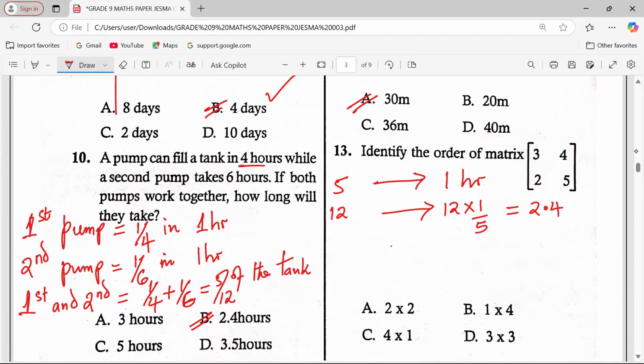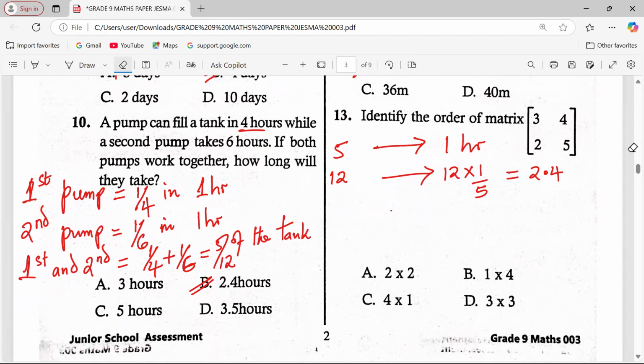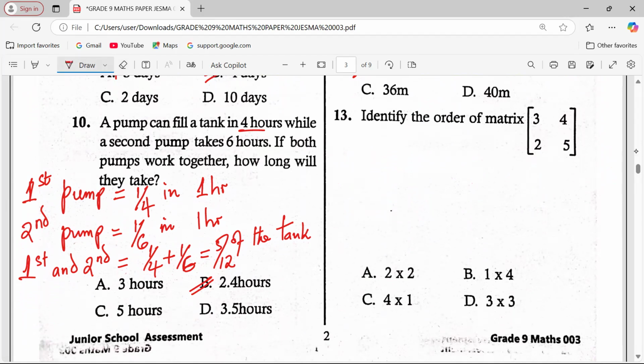part A. Then there is number 13 here, which is on matrices. Identify the order of the matrix 3, 4, 2, 5. When we talk about the order of a matrix, this is usually given by the number of rows multiplied by the number of columns.